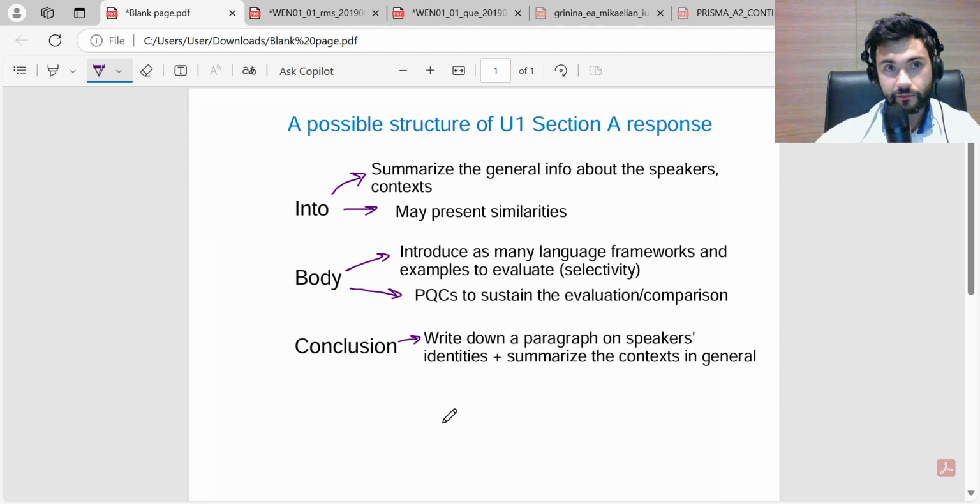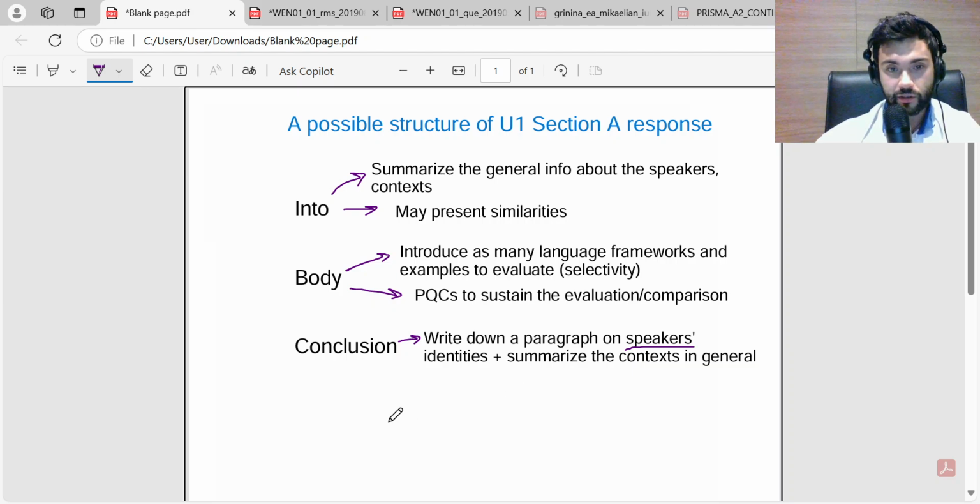Maybe you see that some features stand out more than others and you want to highlight them once again and introduce the evaluation in short, or highlight that it is very important. And not to forget, I believe it's a very good idea to highlight who the speakers are and what picture they want to present about themselves in a form of a concluding paragraph, which is only a part of it. I believe this is more or less it.